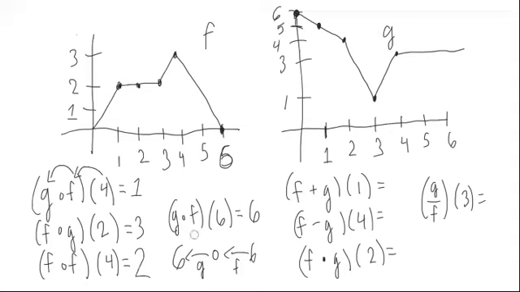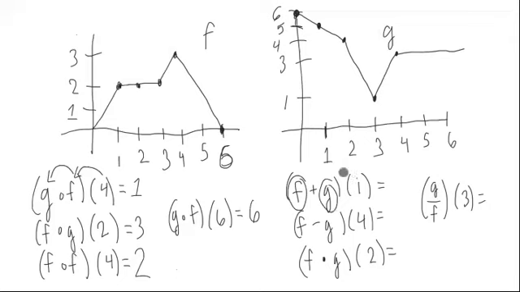Okay. Now, next, let's take a look at a few more. All right, what about f plus g of 1? What is that equal to? Well, now what does this mean? This means to take the output of f at 1 and the output of g at 1 and you add them together.